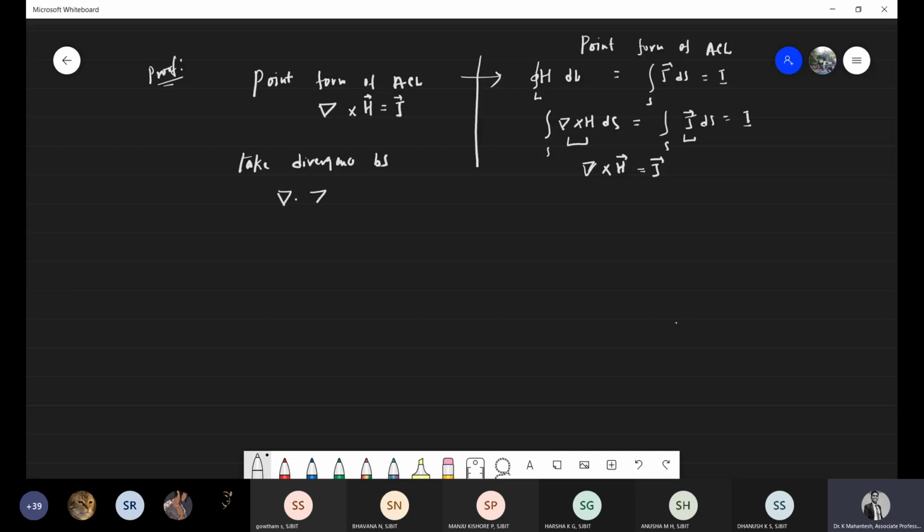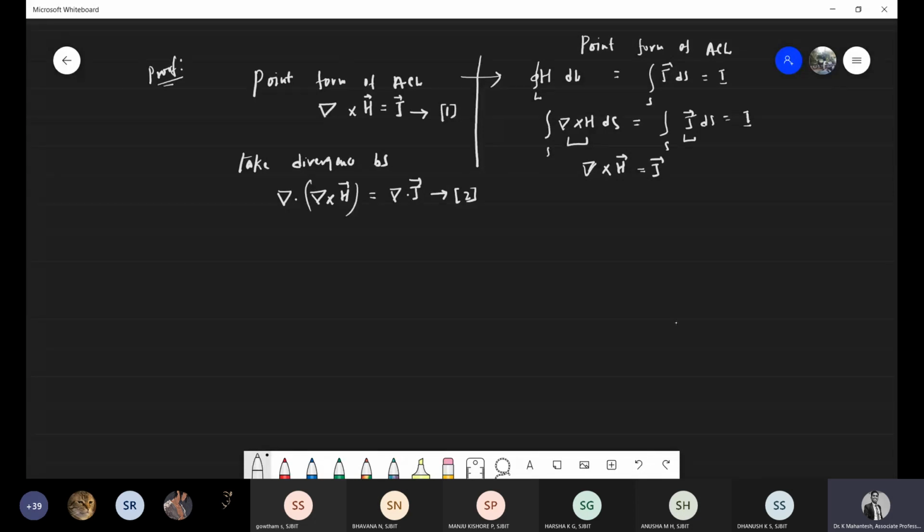Del dot curl of H is equal to del dot J. Call this as equation 1 and this as equation 2. By taking divergence on both sides, you get del dot curl of H is equal to del dot J.